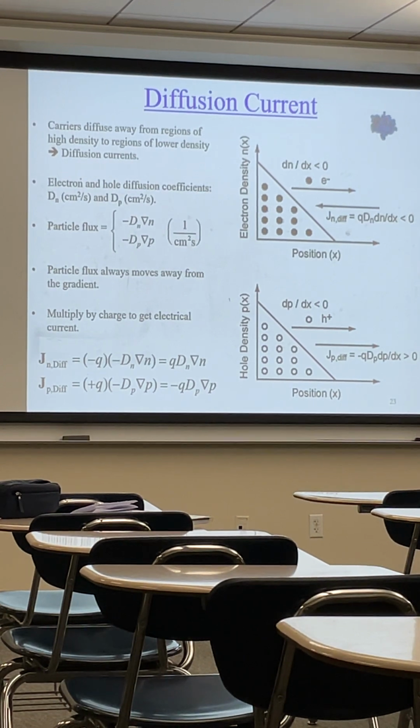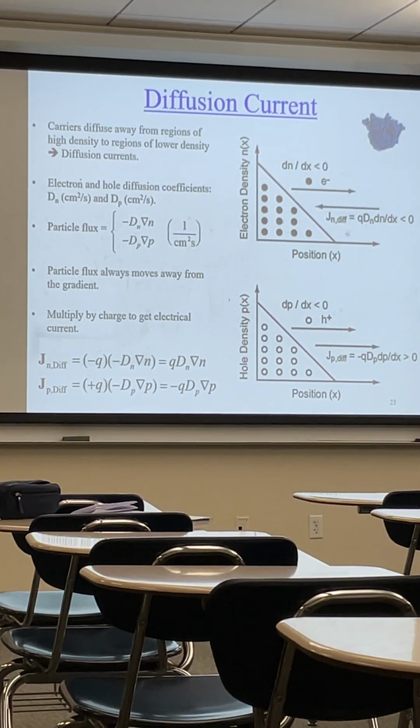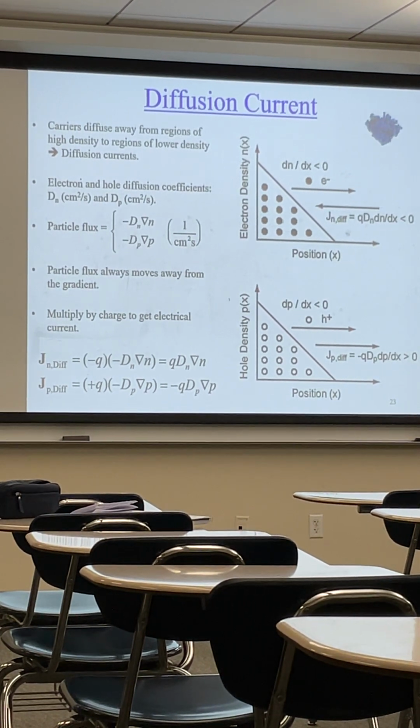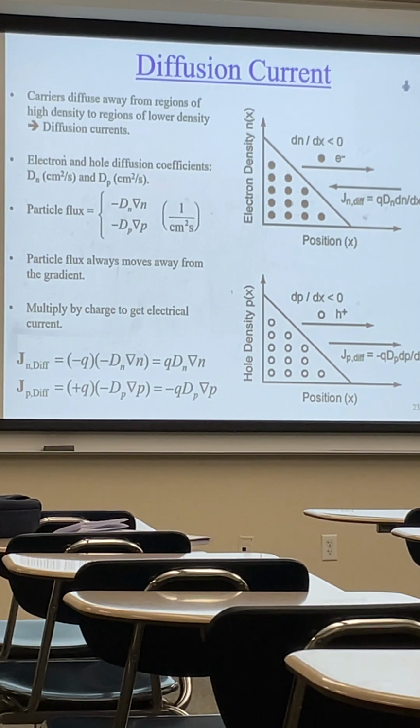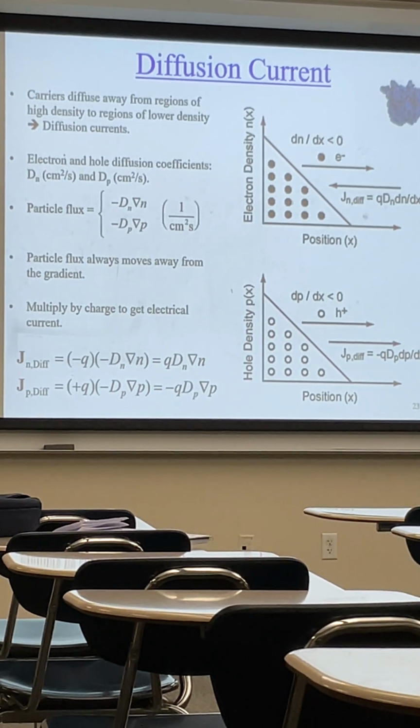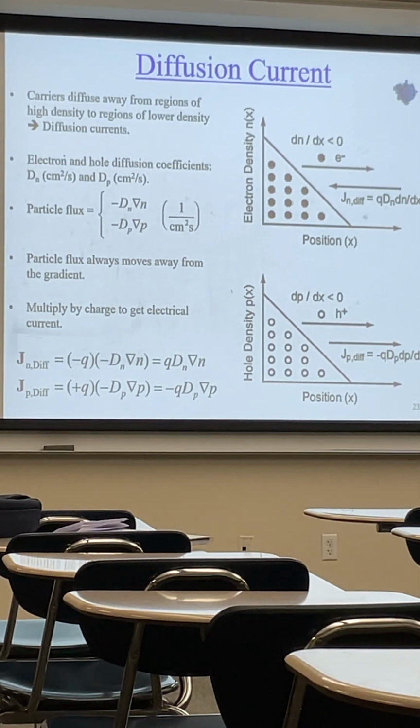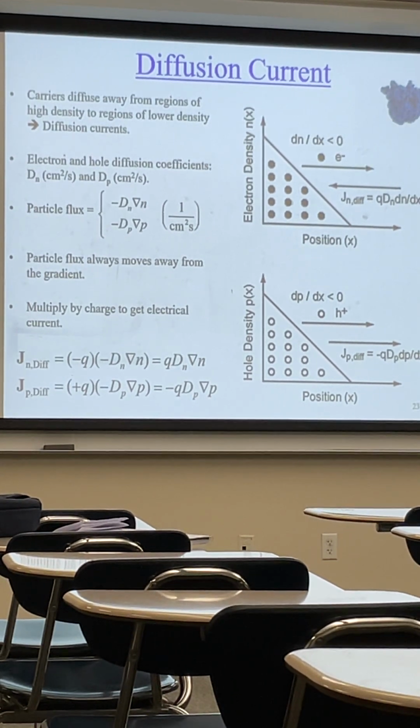Think about this. This is a gradient in carrier concentration, and if we have this kind of distribution, then this gradient will be a negative value, because the slope is negative. That's why we want to have a negative sign here, to make sure the particle flux is along the positive x direction.